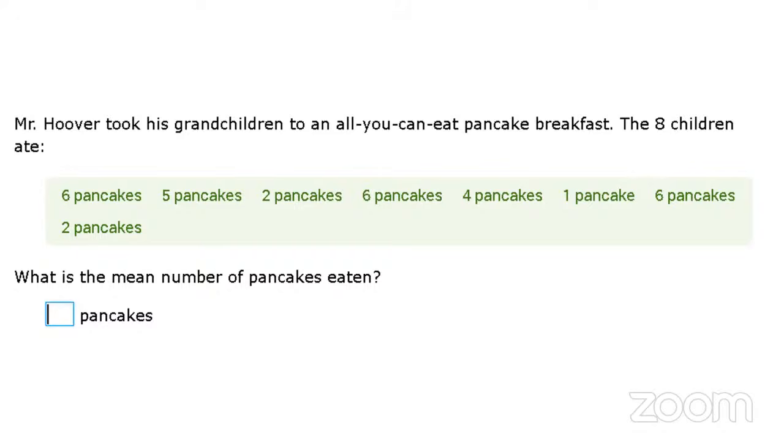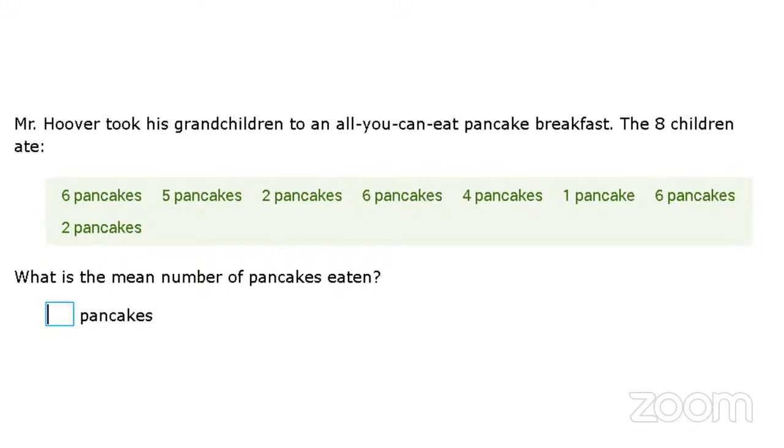Before, you guys said that mean is the same as average. So I could say, what's the average number of pancakes eaten? Yes, guys, very good. Okay, go ahead and tell me what we have here. All right. Okay.